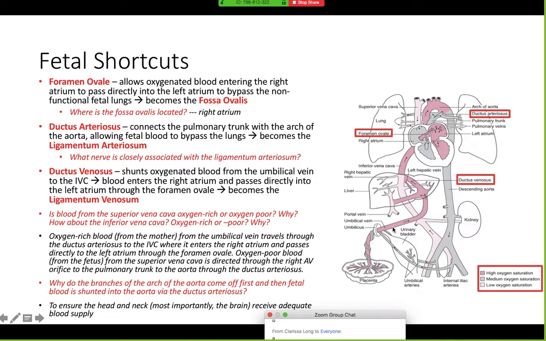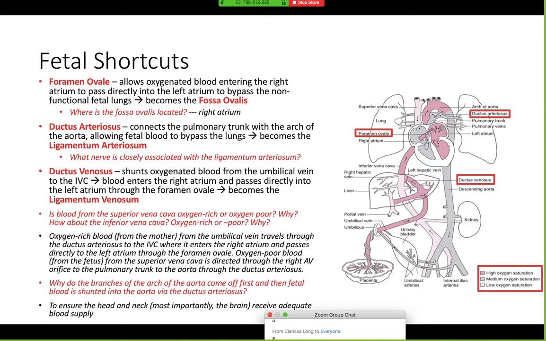So the umbilical vein is carrying oxygen-rich blood, and it's going to travel through the ductus venosus and then hook up with the inferior vena cava, and it's going to enter the right atrium and pass directly to the left atrium through the foramen ovale.